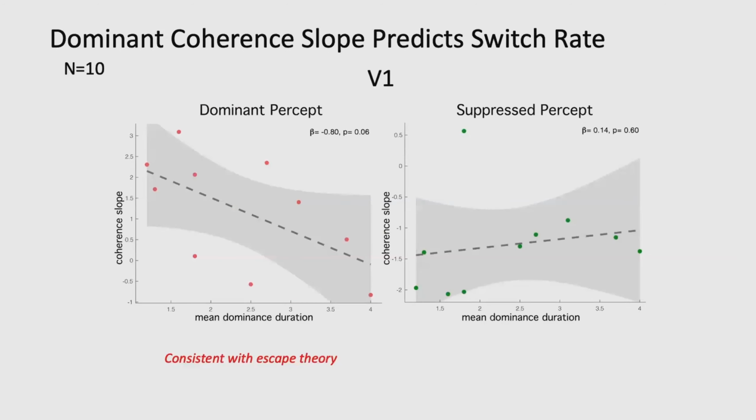We decided that measuring the slope of the dominant percept, the slope of that red trace, is a more stable thing to measure than the time to peak. We did find that the slope of the dominant percept has a modest correlation with rivalry rate, or how long people typically have their dominant percepts. And it's nice that we don't see that relationship for the suppressed trace.